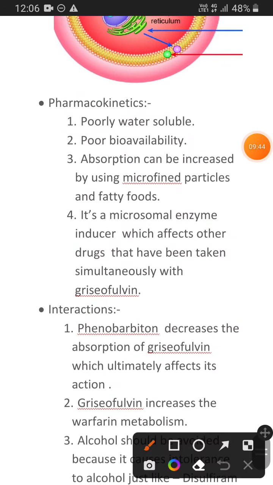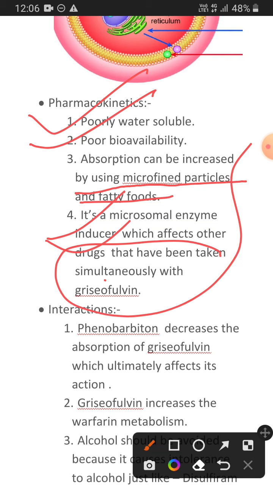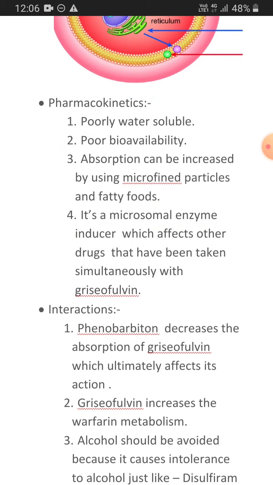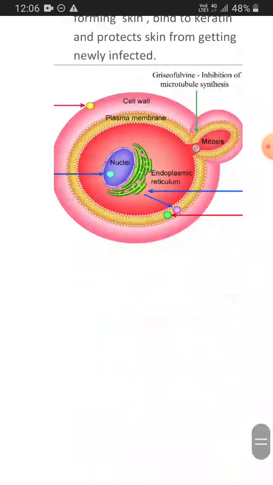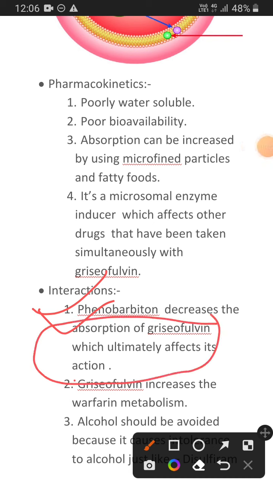Pharmacokinetics: poorly water soluble, poor bioavailability. Absorption can be increased by using microfine particles and fatty foods. It is a microsomal enzyme inducer, so it can affect other drugs that have been simultaneously taken with griseofulvin. Phenobarbital decreases the absorption of griseofulvin, which ultimately affects its action.